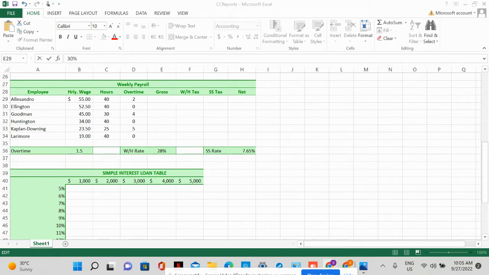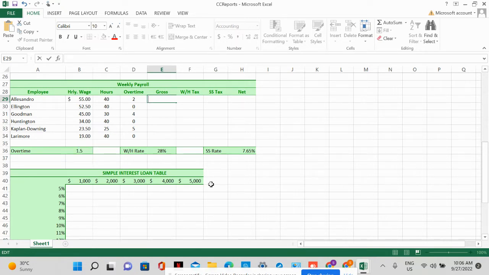So we will make our cell E29 active and then type the following formula that calculates the gross pay including overtime.